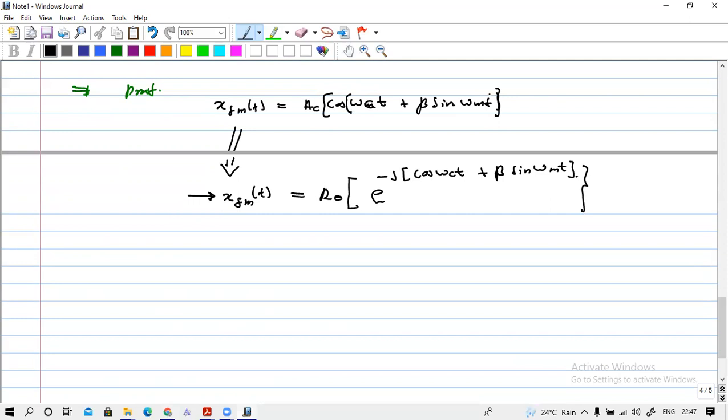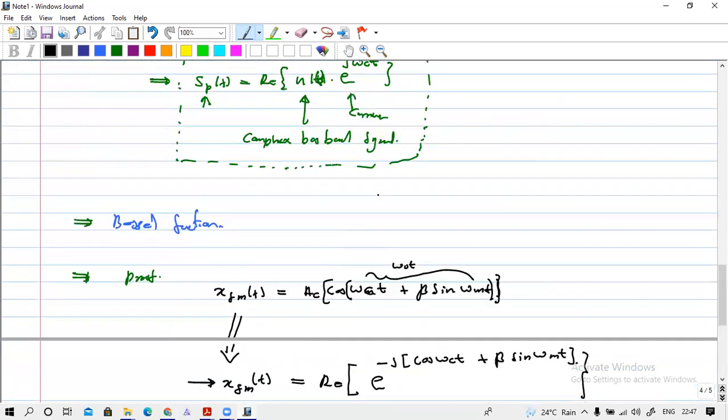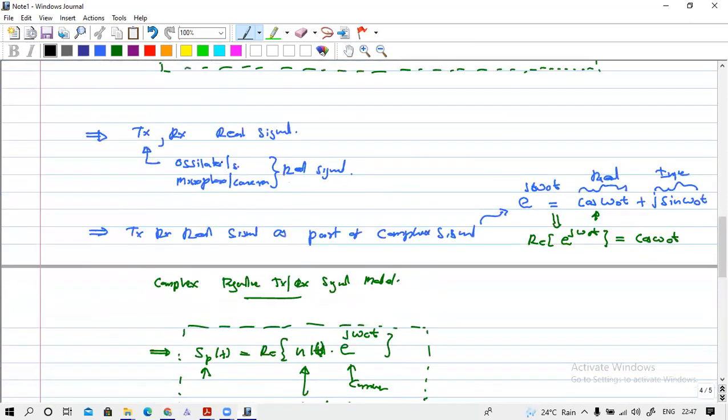If we consider this as theta, or omega naught t, we can write this using the Euler formula like this.